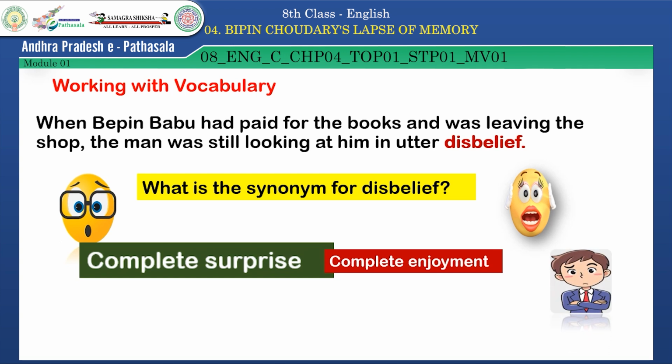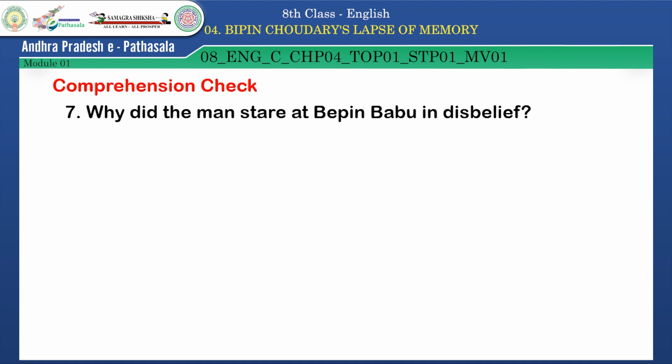See here, Parimal Ghosh has a surprised look on his face. Why did Bipin Babu fail to recognize me? You are a star. Here we are going to do one more comprehension check.